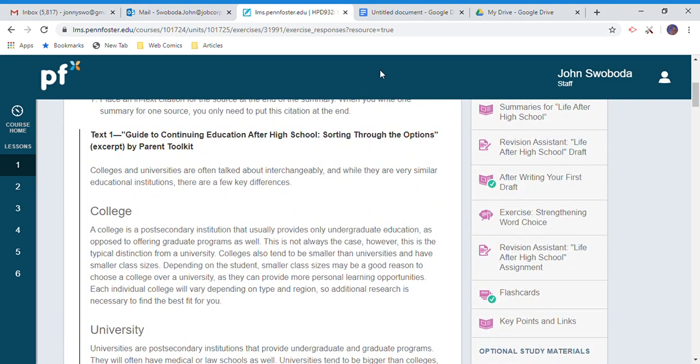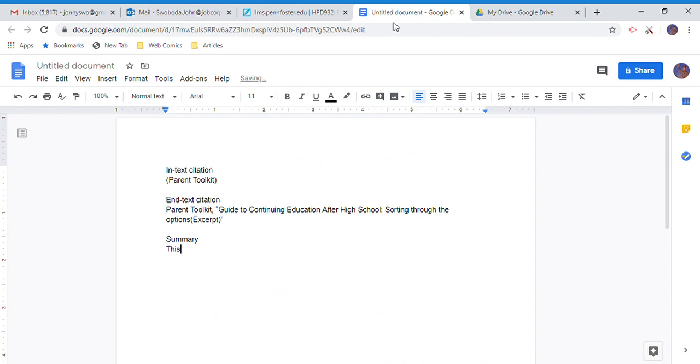I'd say this article compares colleges to universities and makes a distinction, or explains the distinction. How about that?